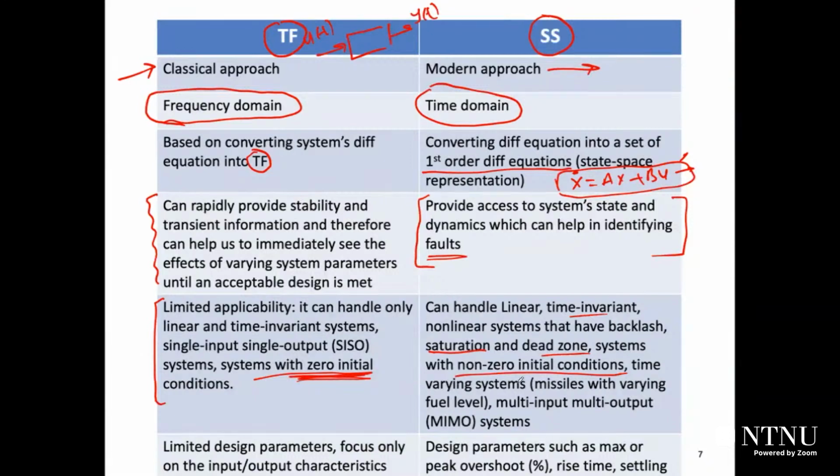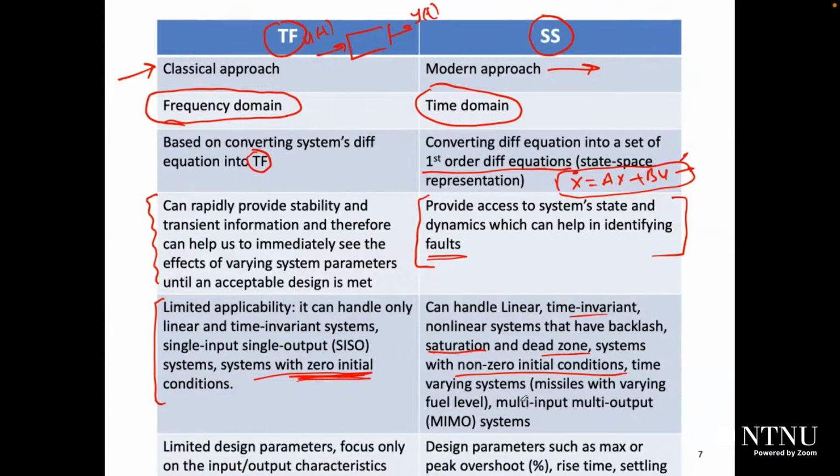Time varying systems, such as missiles, for example, with varying fuel levels. If you have a missile, with time it's moving, and the fuel level will decrease over time, right? So you have different initial conditions, different operating points. So it would be much better to deal with it in a state-based representation, not using a transfer function.